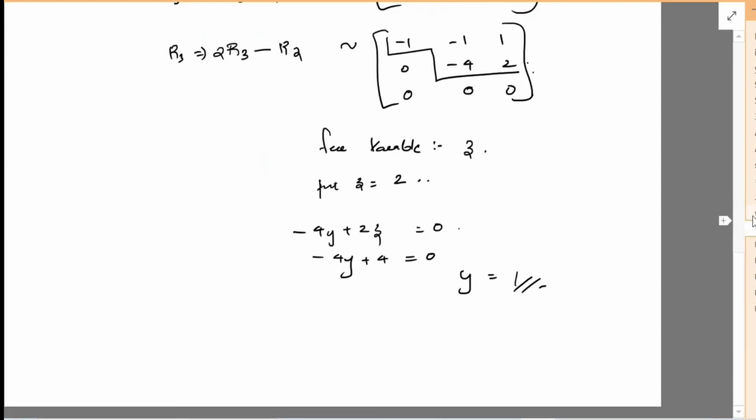And also we will get the value of x using the first row. The corresponding equation will be minus x minus y plus z equal to 0. So what is the value of x? x equal to 1.